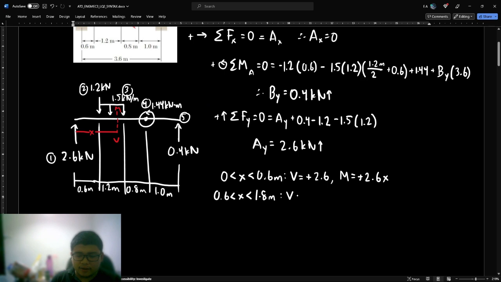We're going to get the shear equation by plus 2.6 minus 1.2 minus 1.5 kilonewtons per meter times x minus 0.6. The reason why we have an x minus 0.6 here is because we want only this distance. Let's call that y. And y would be equal to x minus 0.6.